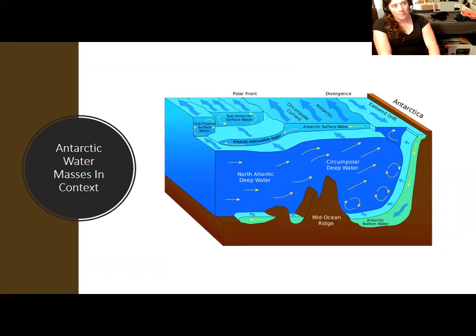Ocean circulation is complicated, and you're going to have a lot of different individual masses of water to consider. One, for example, is the Antarctic surface water that transforms into what's called Antarctic intermediate water, which is another distinct water mass from Antarctica that can be found much farther away from Antarctica itself.